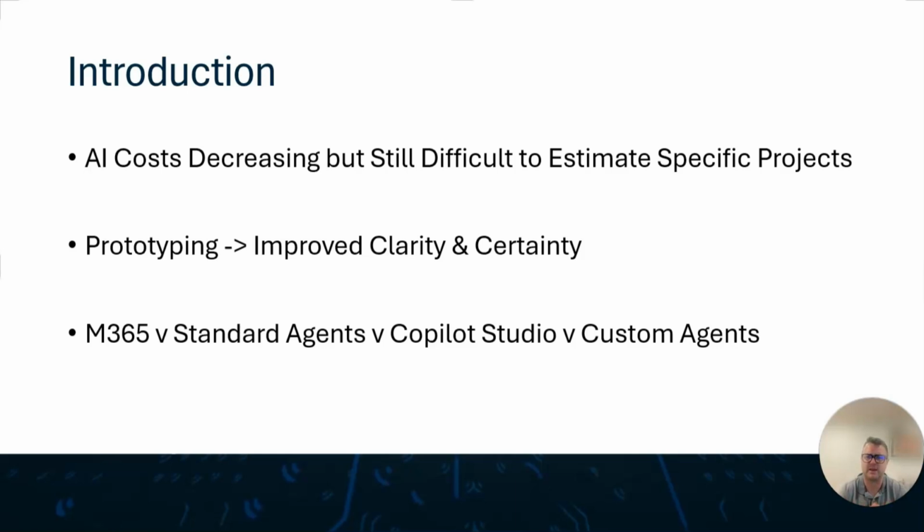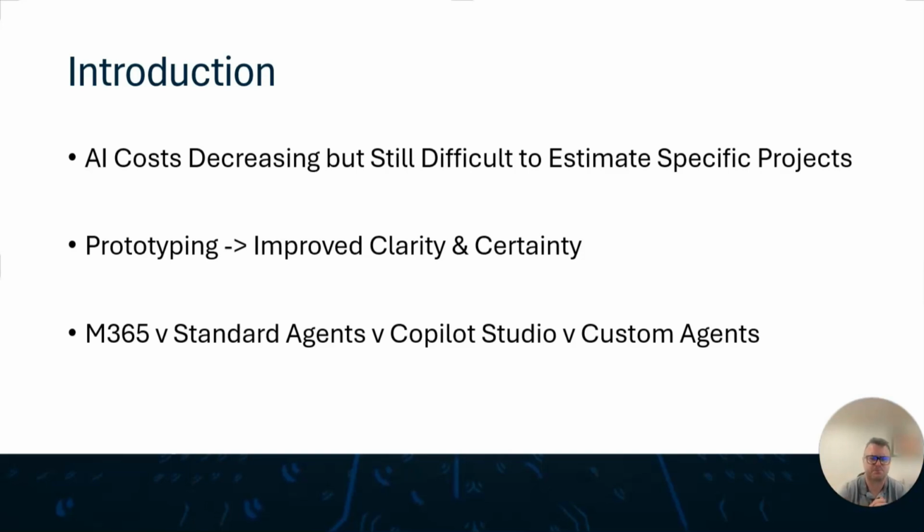We'll then take the cost of that and multiply it by the volume of transactions they're anticipating, and that gives us a basic understanding of costs. Again, those costs tend to be very affordable, but upfront, can I give you an exact number? No, it can be very difficult. So it's through that prototyping exercise that we get a better level of certainty and clarity about what the costs will be.